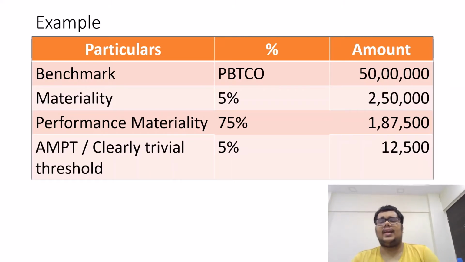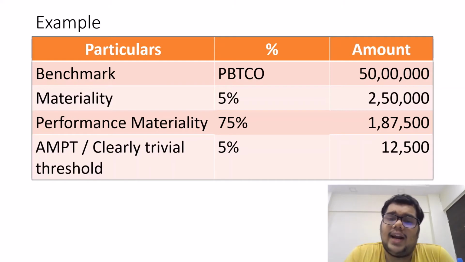Performance materiality is something that we constantly use on the client. It is like a working materiality. Why do we say 1,87,500? Because subsequent to the audit, let's say I have a misstatement of 2 lakhs. It is above my PM, so I will try to correct it and bring it down to 1,87,500.